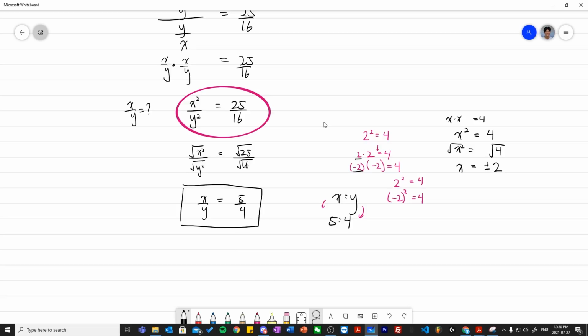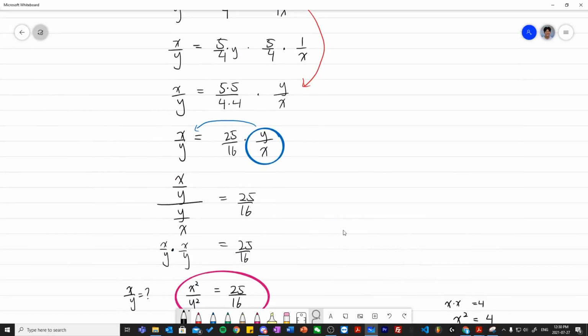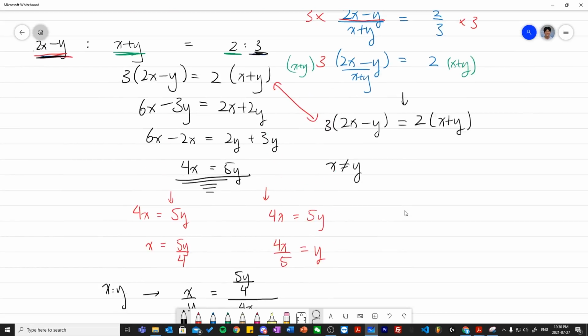So from that you might think x to y could be -5 to 4, which is wrong because of things you've established earlier. This is why it's good to check over your work and plug things in to see if it works, because we know from here that a negative and a negative works, and a positive and a positive works, but a negative and a positive or a positive and a negative would not work in this case.